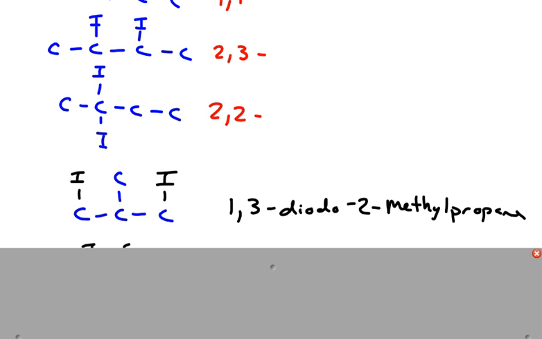Somebody had a good question last hour, so I want to address this. Because that's the only place I can put my methyl, they asked, do I have to put the 2? I've been stating that if you don't put a number, it has to go on the first possible place it could be. It is a bad habit to get into and a risky game. You can get away with it, but don't assume that's the rule, okay?